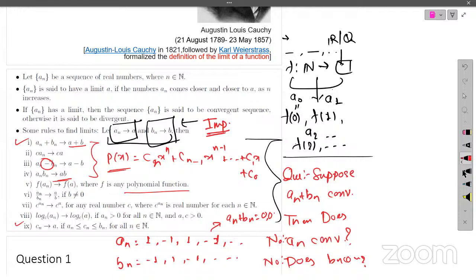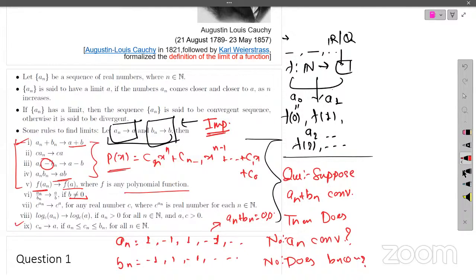So if the convergence of a sequence obeys these operations, then for a polynomial, P of an or f of an will always converge to f of a. Similarly, we can say the same for division, but in division we always have to take care that b should not be equal to 0. Because if b equals 0, then a by b does not make any sense, right?